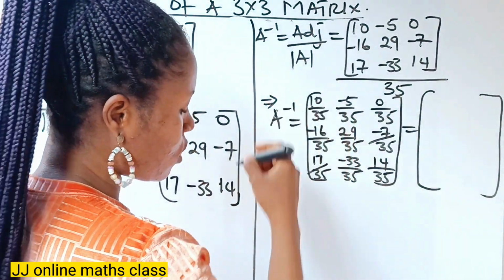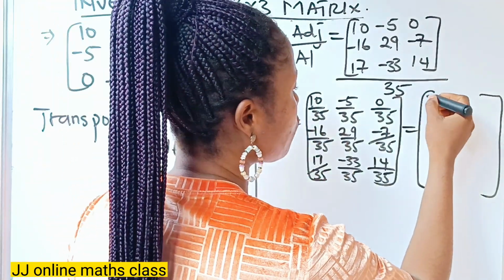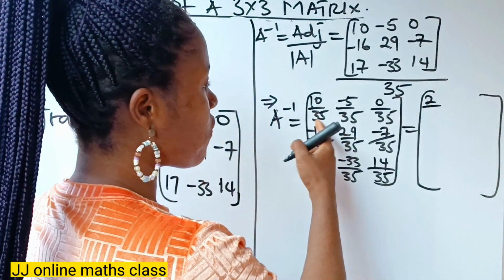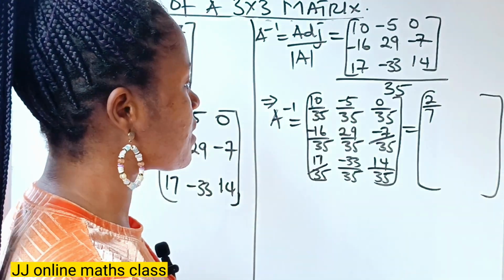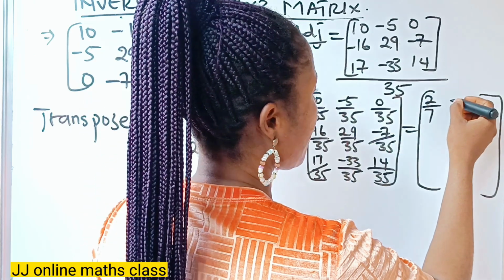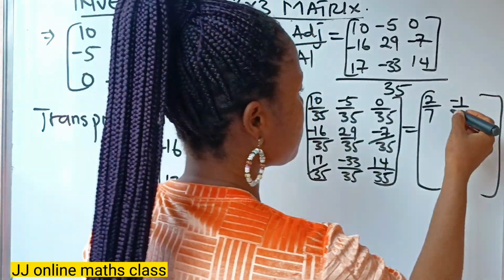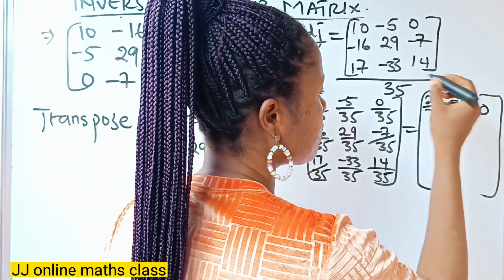When we reduce this to its lowest terms, notice that 5 can divide 10 to give you 2, and 5 can divide 35 to give you 7. The same thing here: 5 can divide minus 5 to give you minus 1, and divide 35 to give you 7. Now 0 divided by 35 is 0.